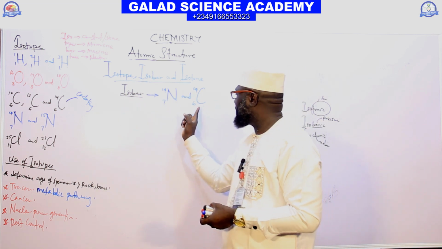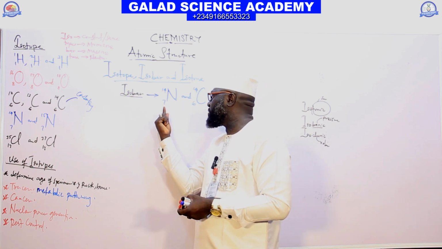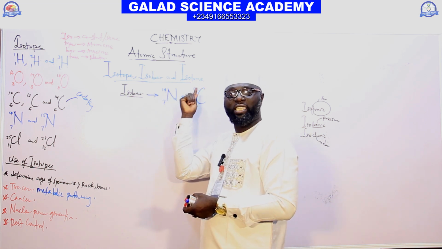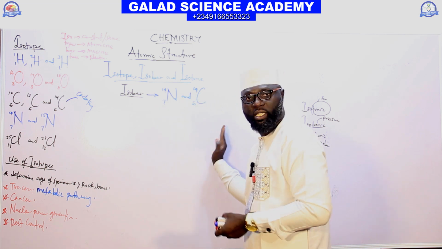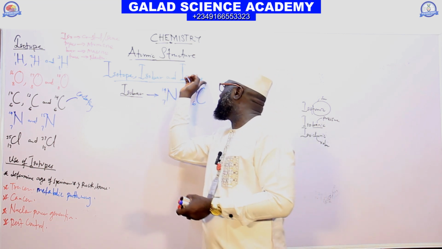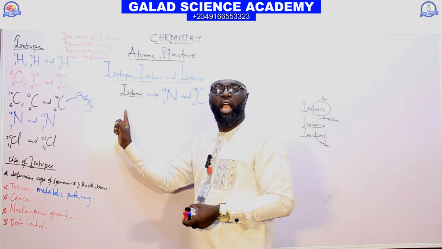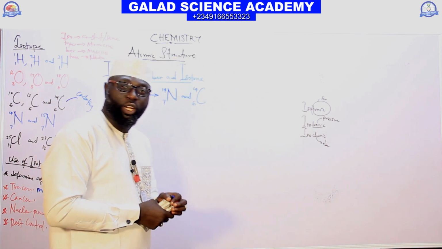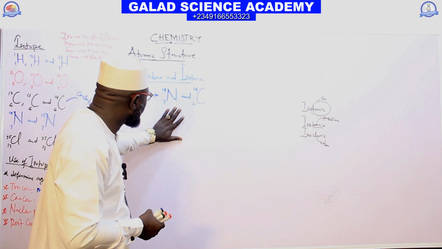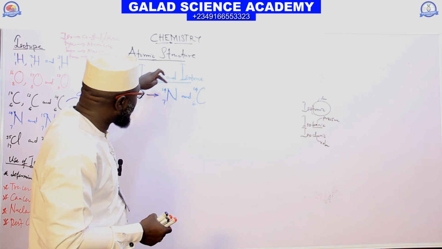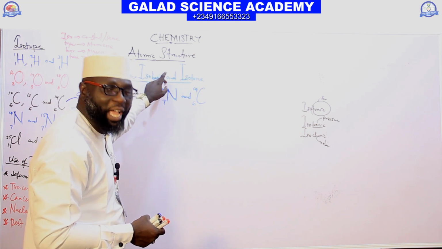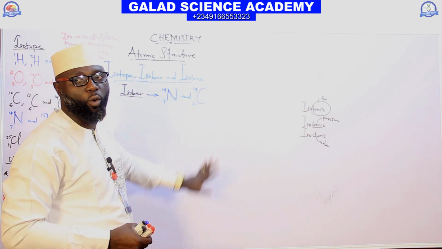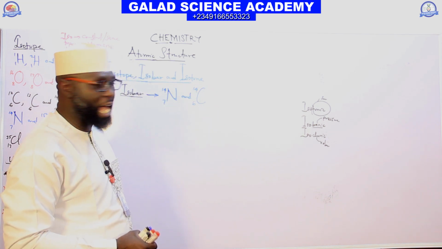The atomic number here is 6, here is 7. Mass numbers are the same. The atoms of different elements have different atomic numbers, but the mass number they have in common is isobar. If they give you any elements, just try to know that if they have the same mass number, the common mass number is their isobaric element.